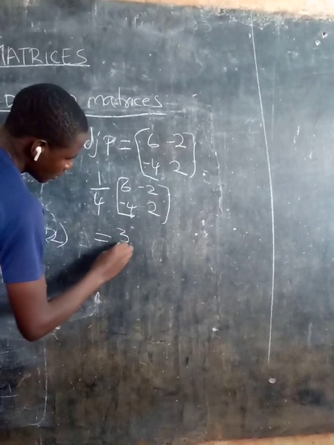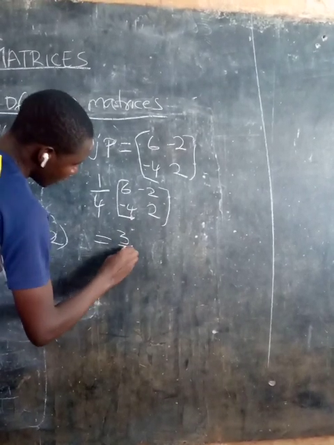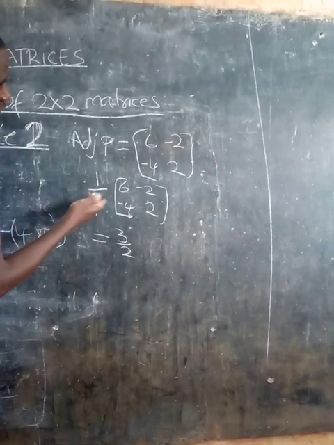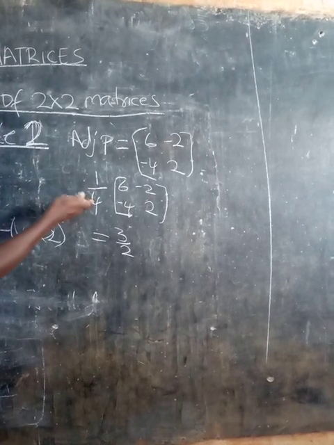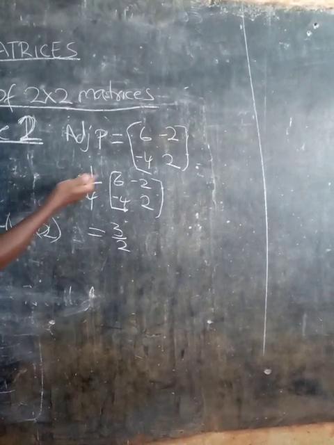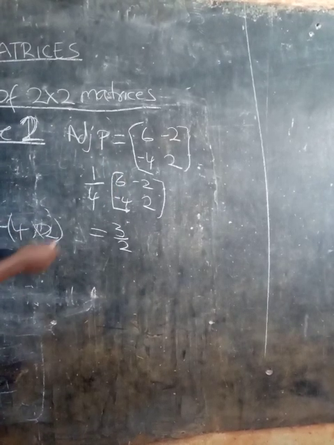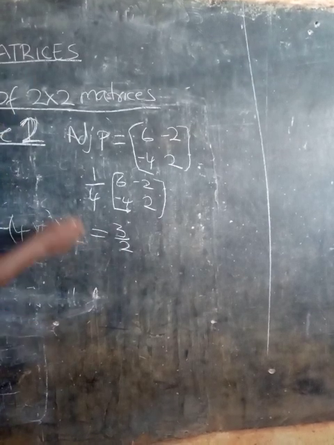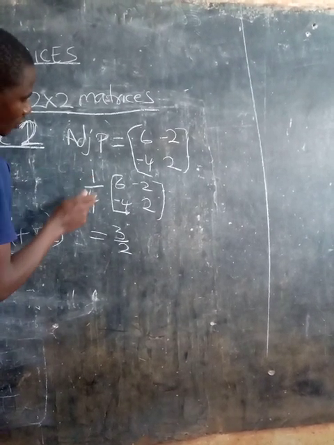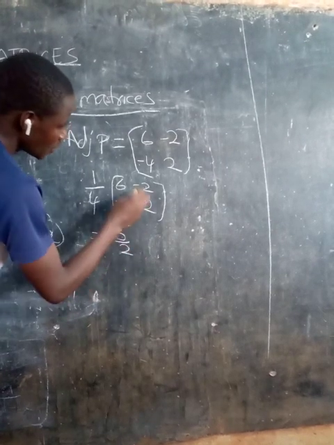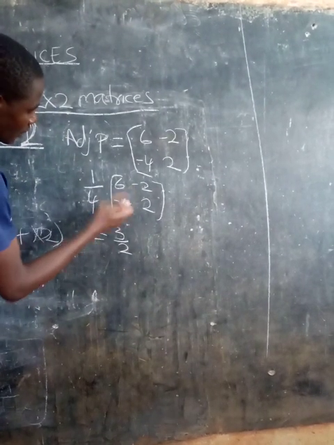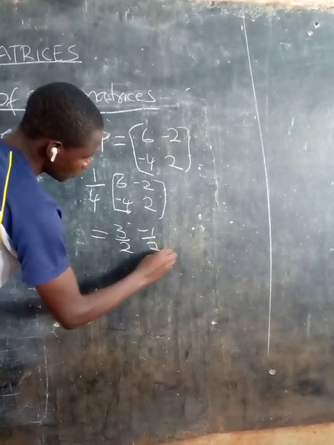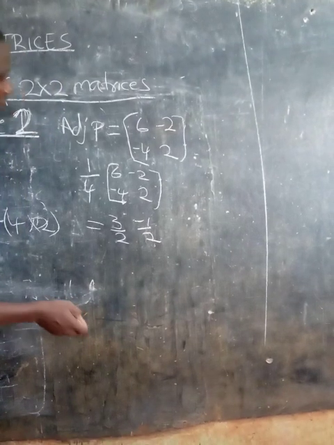When we multiply 1/4 by 6, we get 6/4. Then we simplify: 2 can go into 6 3 times, and it can go into 4 2 times, so we get 3/2. Then we multiply 1/4 times -2, and we get -1/2.